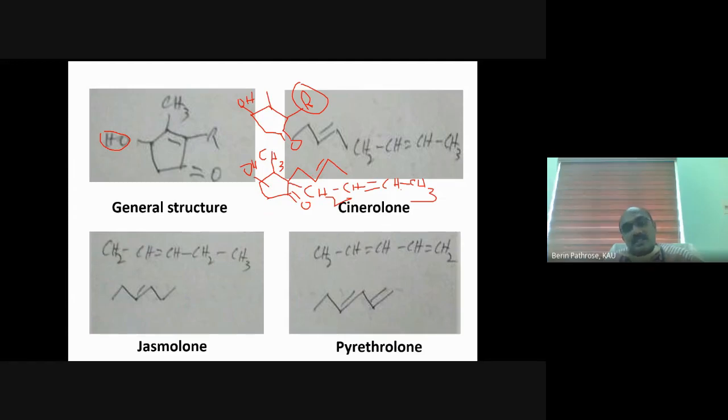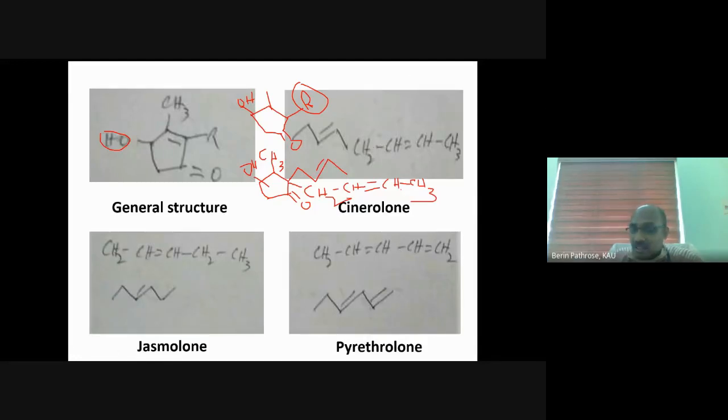Here it will be CH2, here it will be CH, again CH, again CH3. So now you understood how we draw a side chain in the alcohol moiety? Yes or no? Yes. Okay, fine. So this is how we draw a side chain.